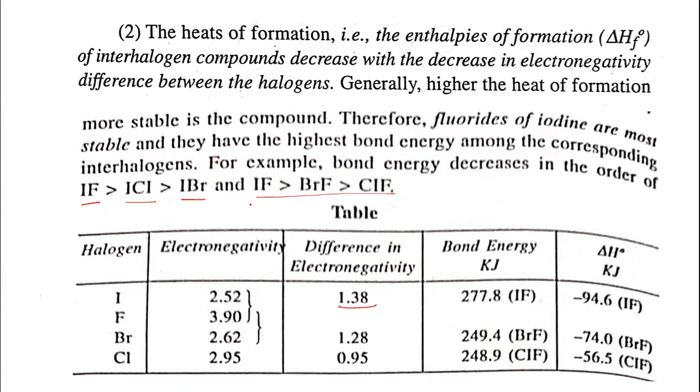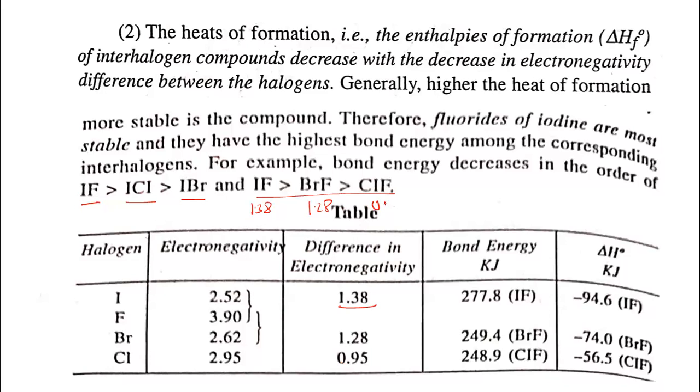In the case of BrF, the difference between bromine and fluorine, 3.90 minus 2.62, is 1.28. This is less. In the case of ClF, the electronegativity difference is once again less, around 0.95.